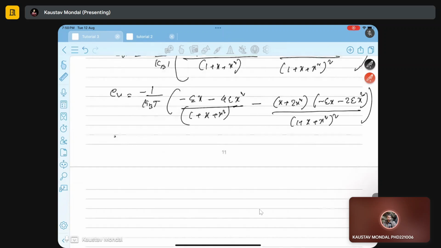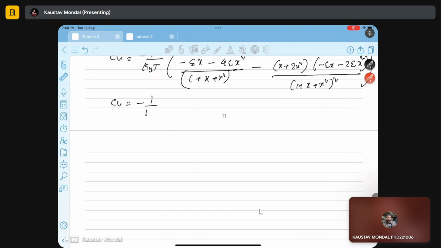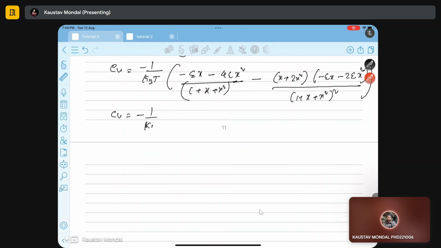Now if we do the Cv, it gives you 1 by kBt. Everything will go this side and that side.